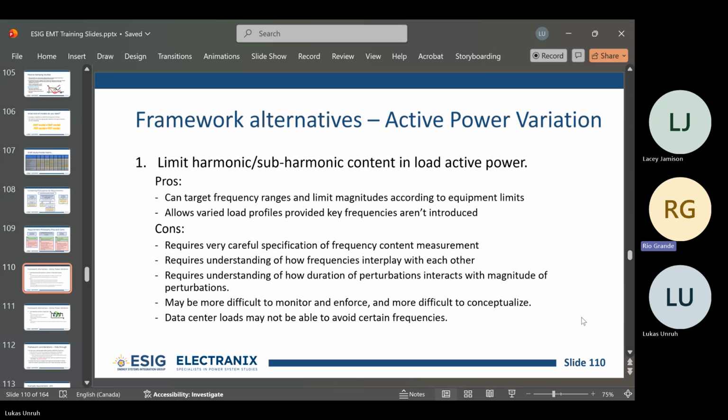You have to understand how the frequencies are going to interplay with each other, right? So if you have some harmonic content at one certain frequency and then at another frequency, and it changes from one to another, what does that do across the frequency spectrum? So it'll be a little bit more difficult to determine, and there can be some complexities there.